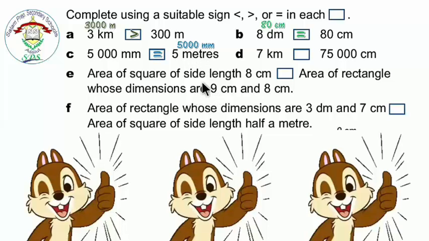From meter to centimeter, we will put 2 zeros. But take care, we want to go to millimeter. So the next step 1, 2 plus 1 equals 3. So we will put 3 zeros.